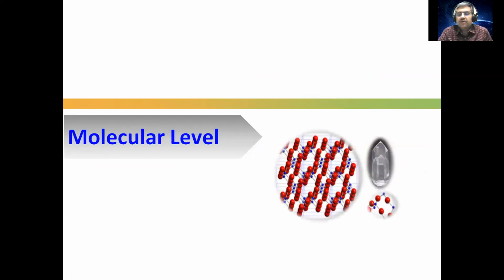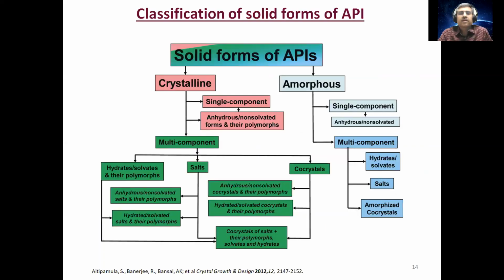We will now start with the broader or the deeper understanding of the molecular level of the solid state. This is the classification of the molecular level of the solid state. Broadly, there are two classes within the molecular level, the crystalline and the amorphous form.